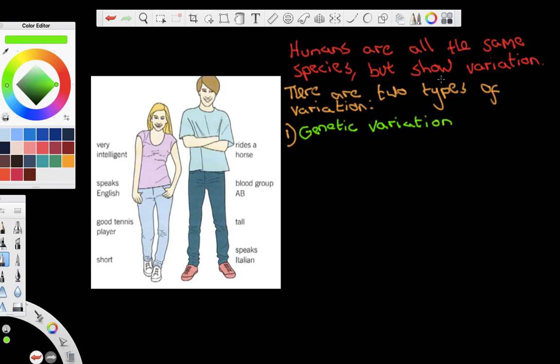Genetic variation is sometimes known as inherited variation. It is variation that is caused by the characteristics we get from our parents.